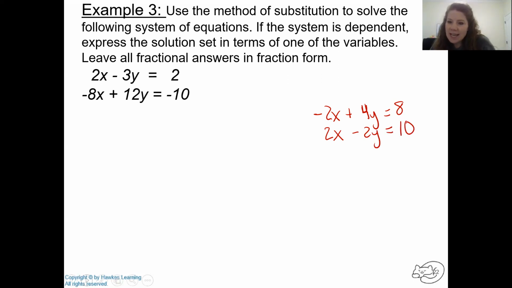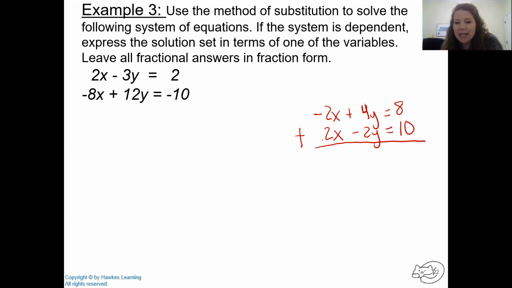And the directions said to solve this system of equations by elimination. Well, what you want to do is think of this as a big addition problem, okay?